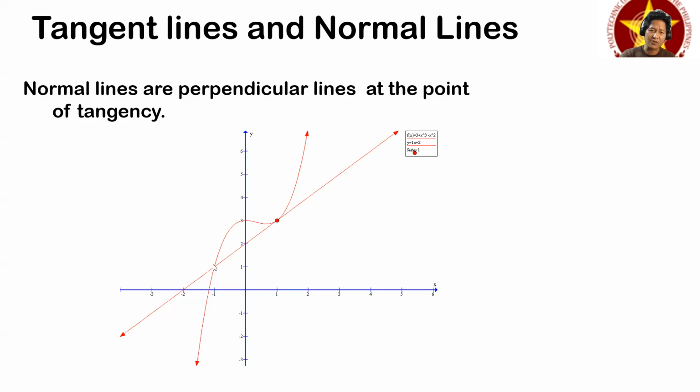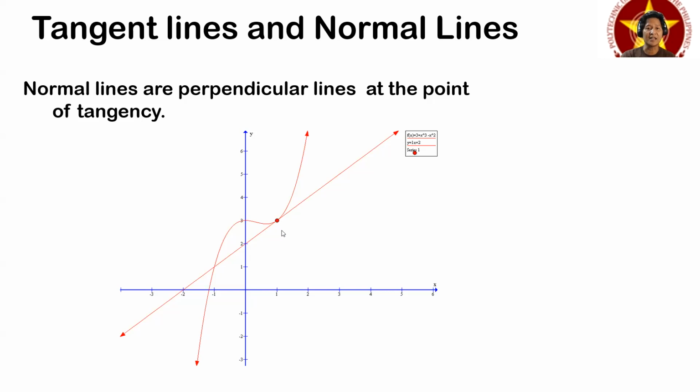Notice, nag-intersect siya dito. So, walang problema yon. Sabi sa definition ng tangent line, dapat hindi siya magta-traverse at a certain interval na malapit dun sa ating point. Pag malayo, okay na, wala na problema. So, at this point, we can say that this line is a tangent line to this function at this point.